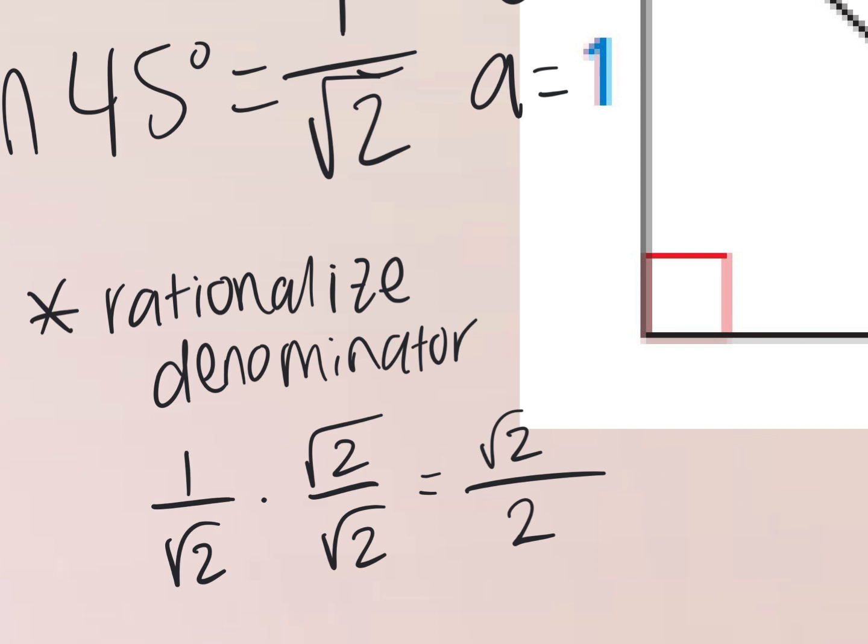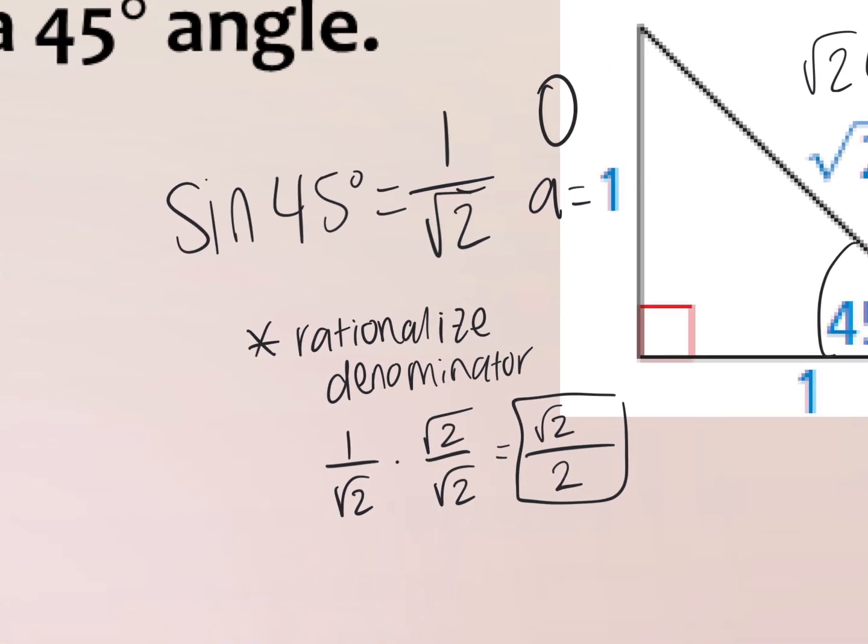You guys with me? So now, have I gotten rid of my radical in the denominator? Then I'm happy. This is my answer, okay? Now, just so we're proficient with our calculators, I would like you to take two things and plug them into your calculator. I want you to plug in the sine of 45 degrees and let me know, did you get 0.707?